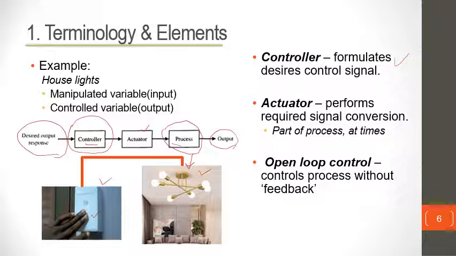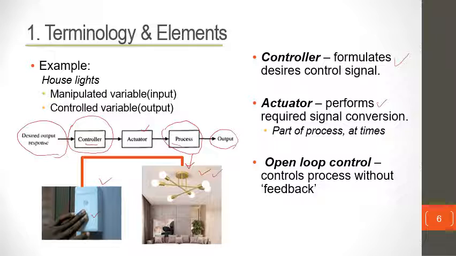So your hand formulates that by switching on the switch, and the actuator performs the required signal conversion. So your motion of pressing the switch is converted into an electrical current, because the switch closes a circuit, and then this is converted into an electrical current in order to give you the desired output.